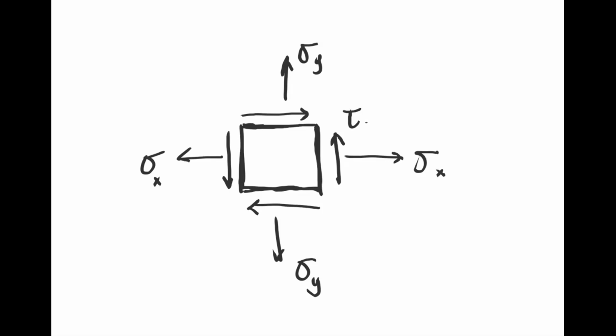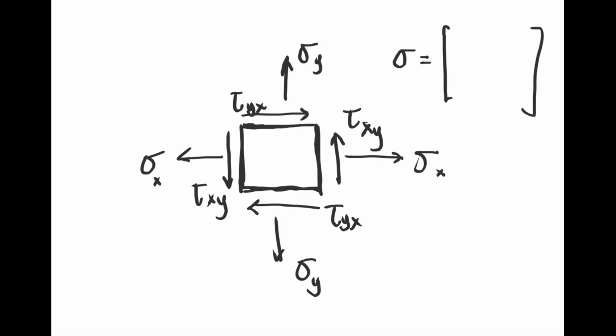Tau, what is this? Tau acting on x directed at y. Tau at y directed at x. So this is tau xy. This is tau yx. So here, if we write it in the matrix form, right? So meron yang sigma xx, sigma yy, sigma xy, sigma yx.